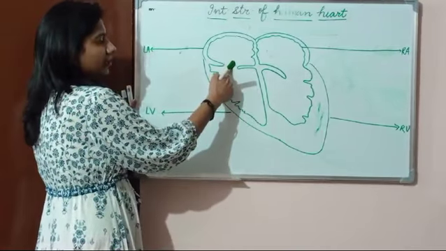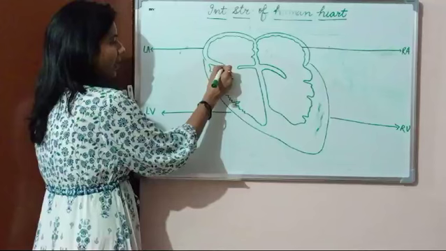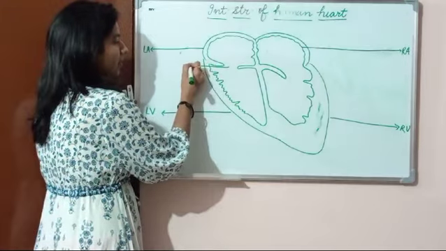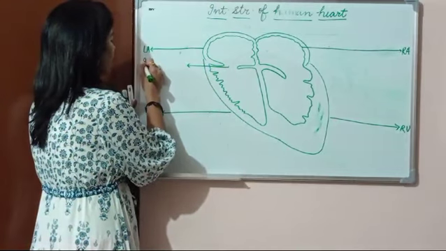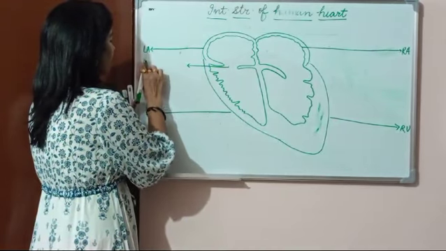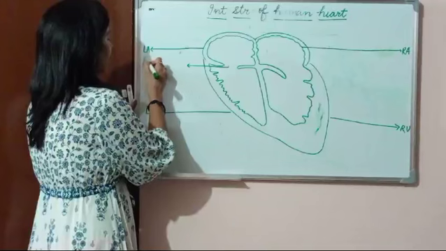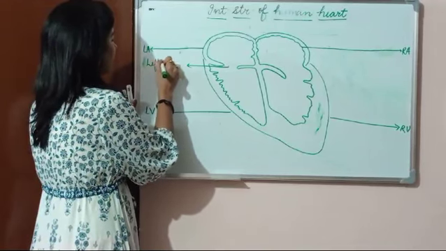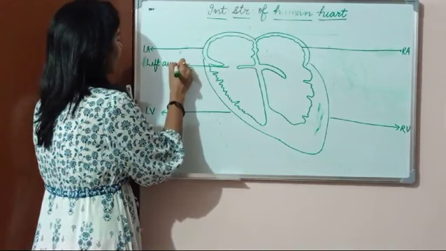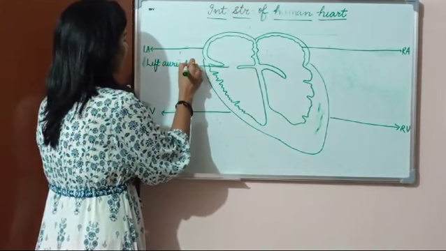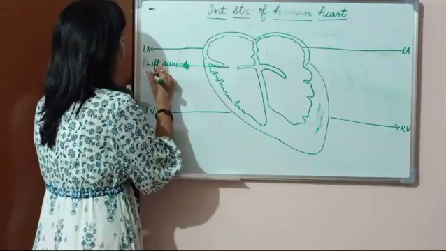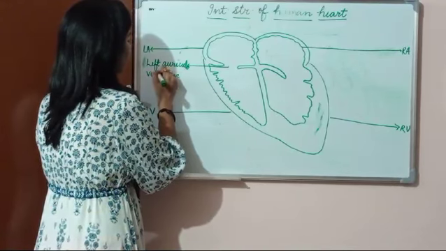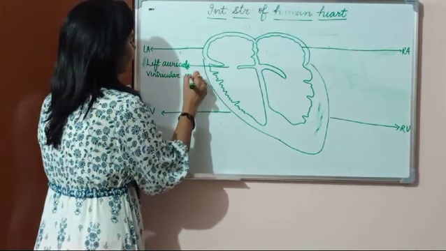This wall that you see is known as the left auriculoventricular septum.